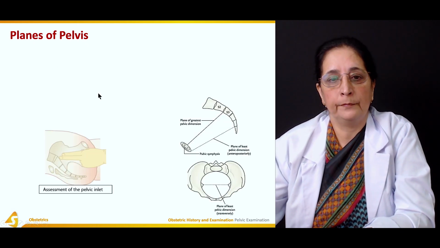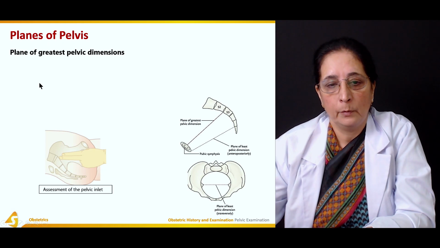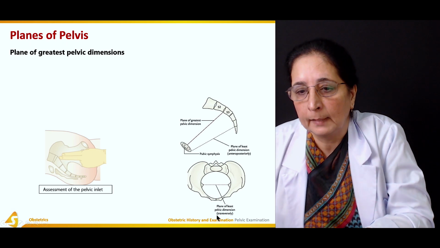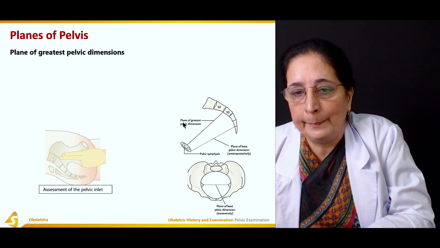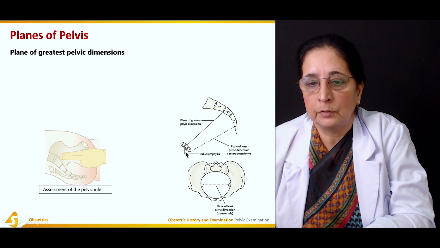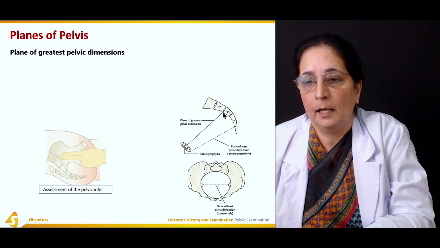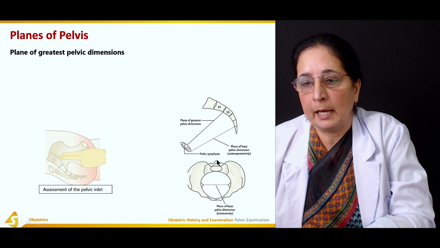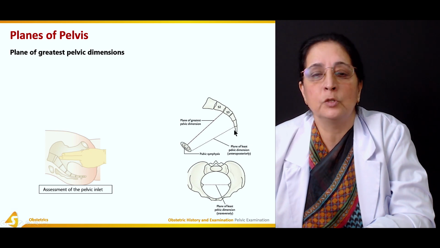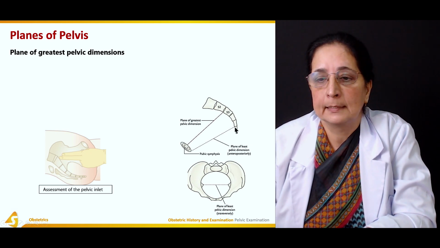Next, planes of the pelvis. We have plane of greatest pelvic dimension. Here you can see this is the plane of greatest pelvic dimension, which goes from the center of the pubic symphysis to the third sacral vertebrae, and then we have plane of least pelvic dimension, which is from the lower part of the symphysis pubis to the lowest part of the sacrum.